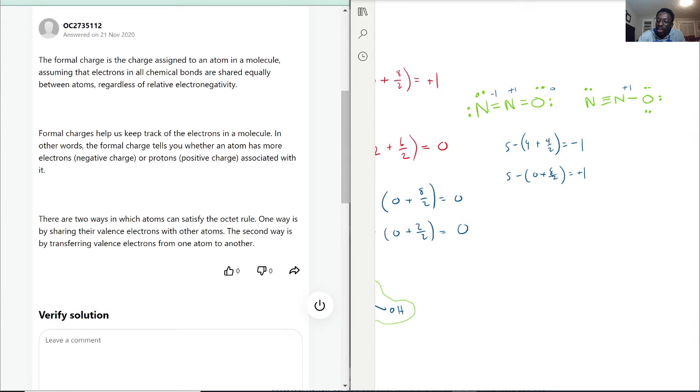But the oxygen now is going to be the minus 1, because we have 6 minus 6 plus 2 over 2. So that's 7, minus 1. And the nitrogen here is going to be satisfied because it's going to be 5 minus 2 plus 6 over 2, which is 3, and there's 0. So these two are both possible resonance structures, and these two both have certain formal charges.